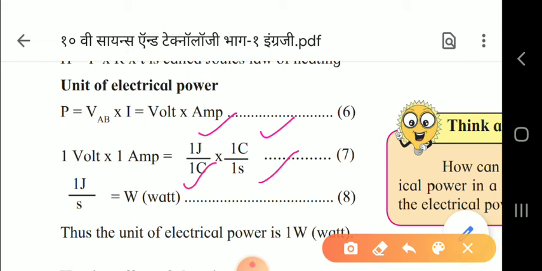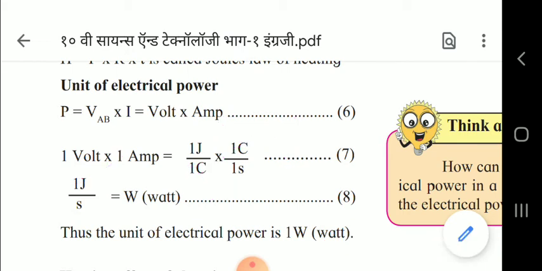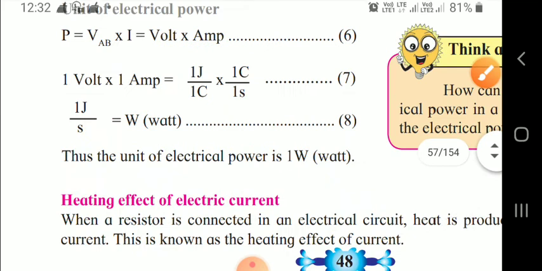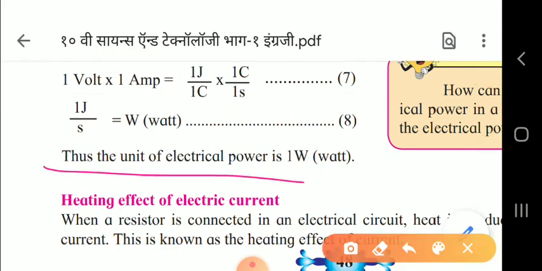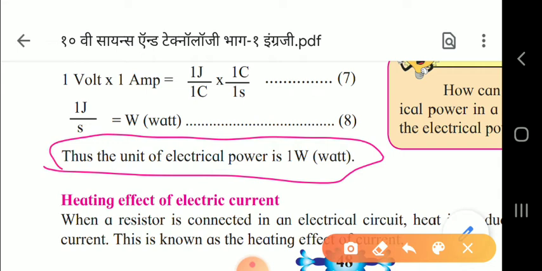So this C will be cancelled. So it will become 1 joule upon second, that will be equal to watt. So the unit of electrical power is 1 watt. This is important. You have to learn it.